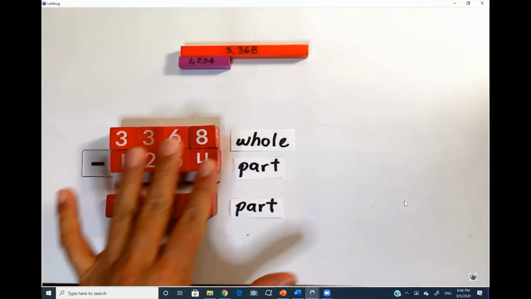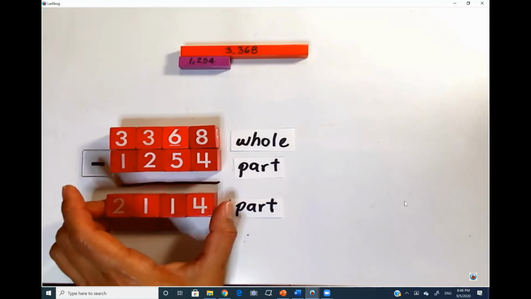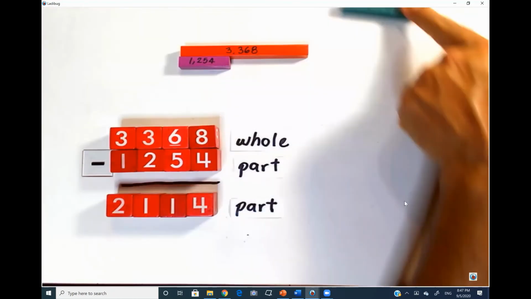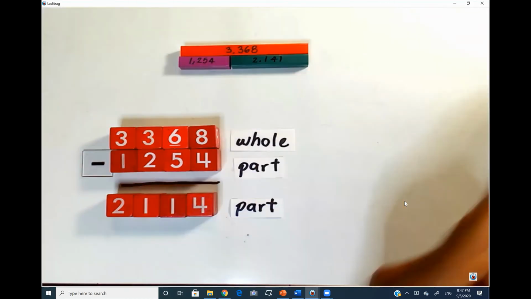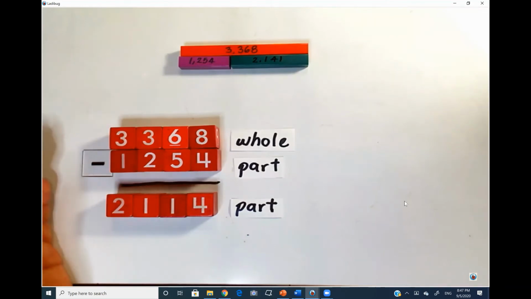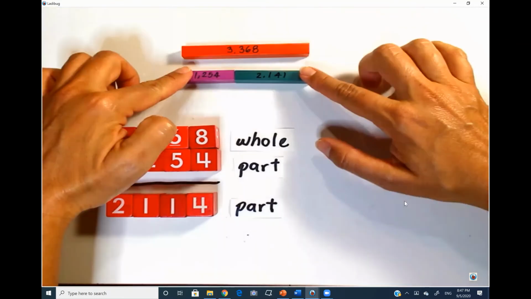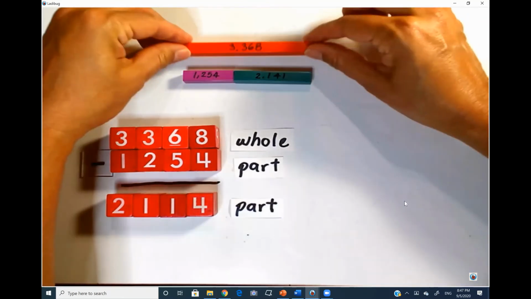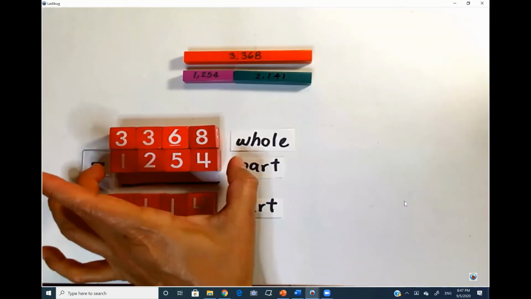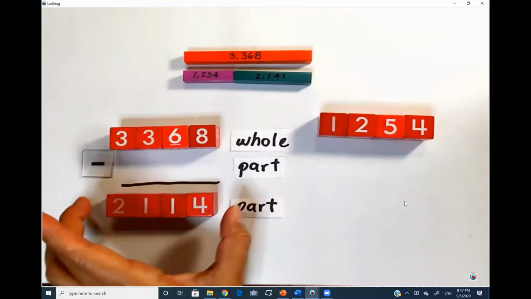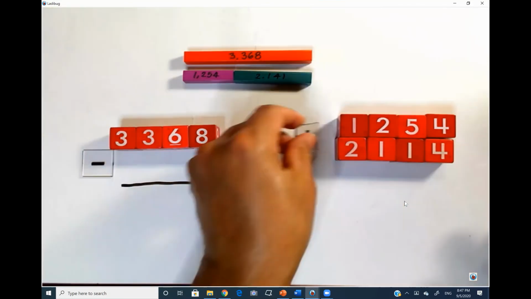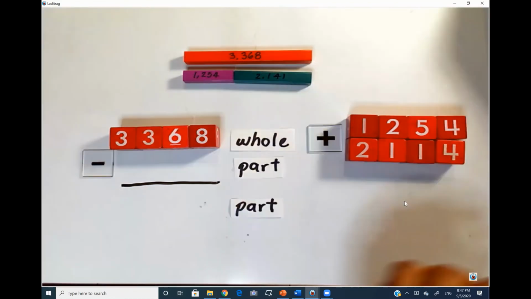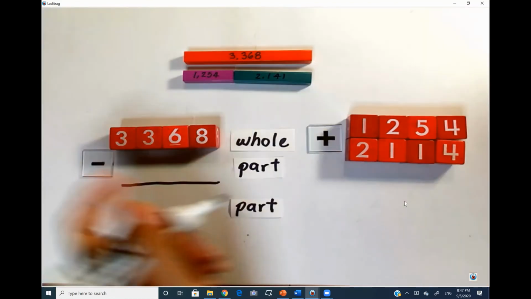When you subtracted these two numbers, we got the difference, which is the amount of stickers that Christian has, 2,114. Now, to prove the answer, if I add the two parts together, then I have to get the whole. So we're going to take the subtrahend, take the difference, and this time we're going to add those numbers together. And if we get the same number as the minuend, which is the whole, that means our operation is right.